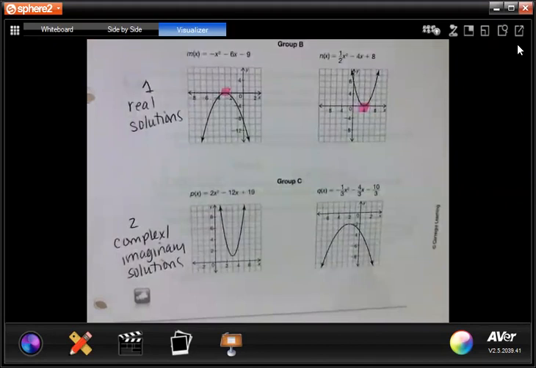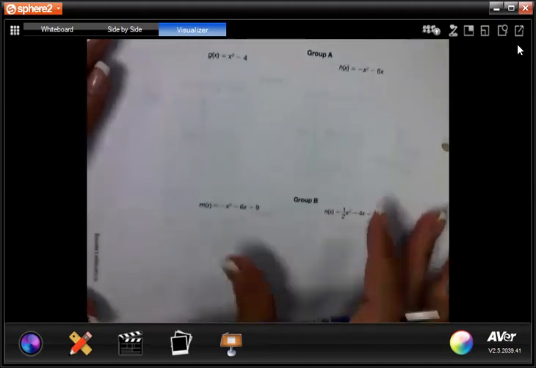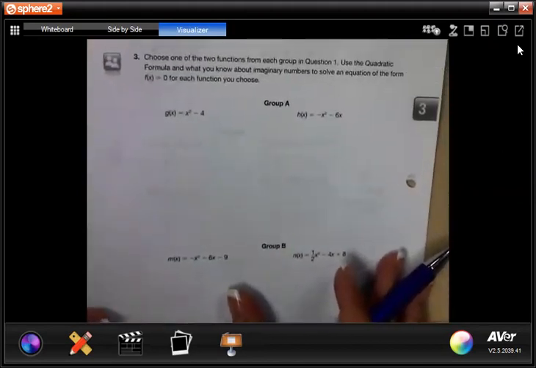So we are going to now look at the equations from some of these to see what exactly is happening. In this first group here, we have x squared minus 4.